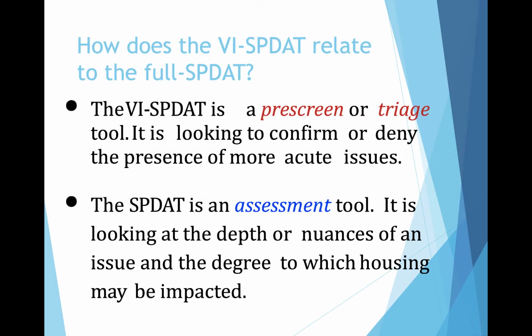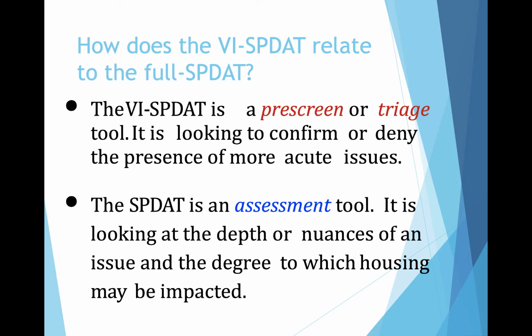The VI-SPDAT and the full SPDAT are different, but they look at the same type of issues. The VI-SPDAT is meant to just be a triage tool, so not an assessment tool. It's just looking to confirm or deny the presence of more acute issues to see who can be triaged or who needs services now. However, the full SPDAT is an assessment tool.